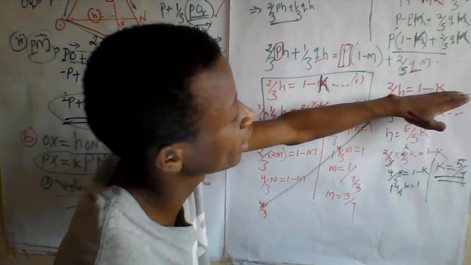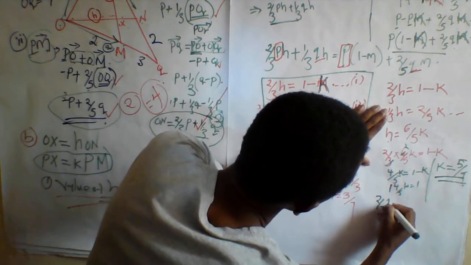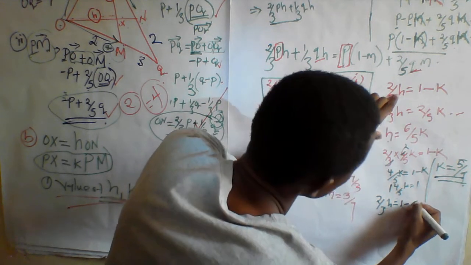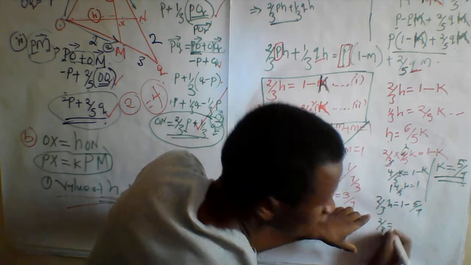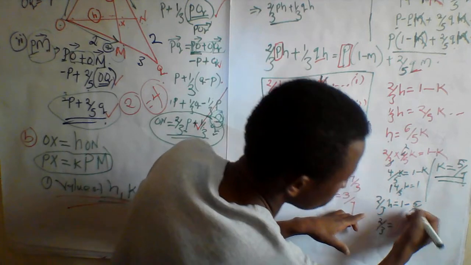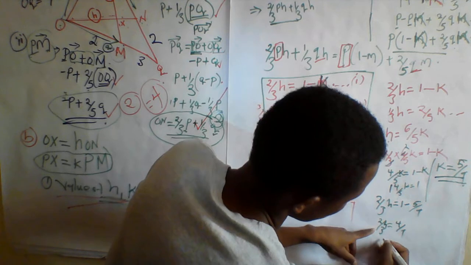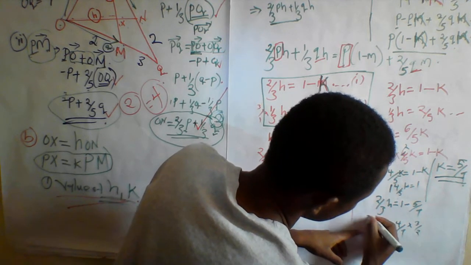From the equation here, we can easily find our h because you know 2 over 3 h is equal to 1 minus k, which is 5 over 9. This becomes 2 over 3 h is equal to 4 over 9. So we multiply both sides by 3 over 2.